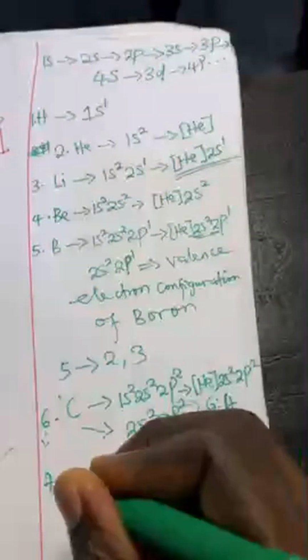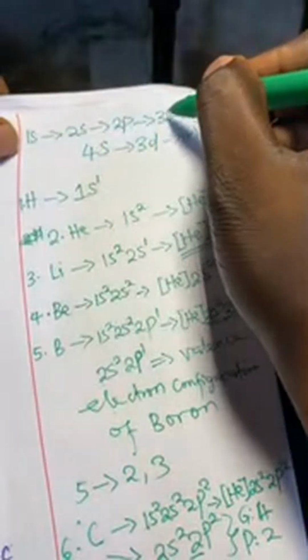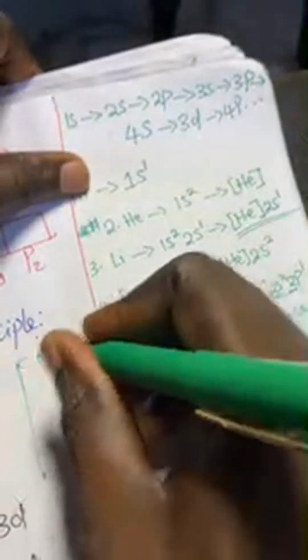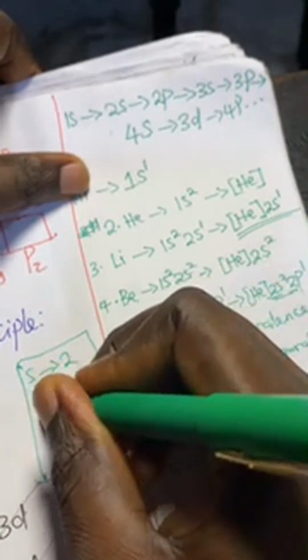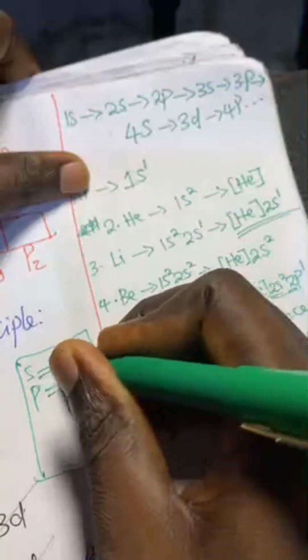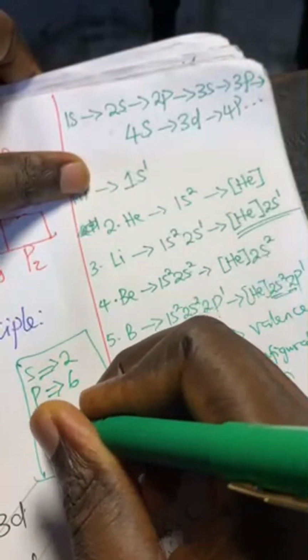Now look at this. I want to show you what you are going to encounter next. Look at number 7, which you know is nitrogen. I told you the order: after filling 1s, go to 2s. After that, 2p. After that, 3s. But don't forget, the highest number of electrons that S can receive is 2. P can receive 6.